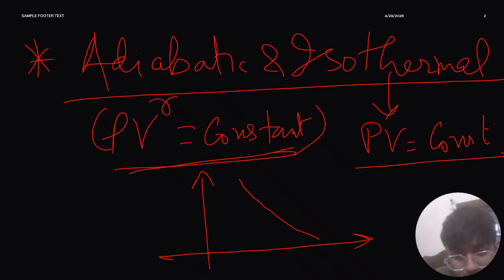So in this example, this is a PV curve. This is the point of intersection of the adiabatic and isothermal processes. One of the curves represents adiabatic, one of them represents isothermal.